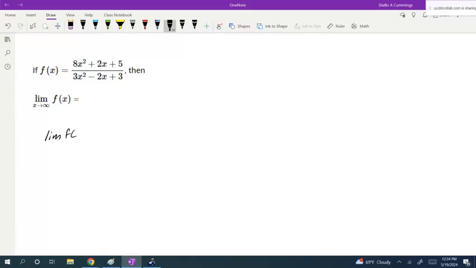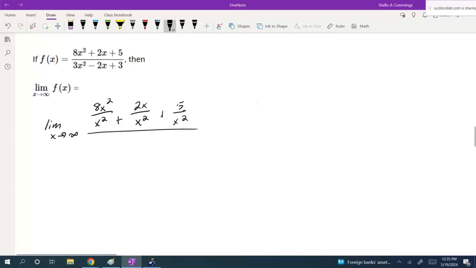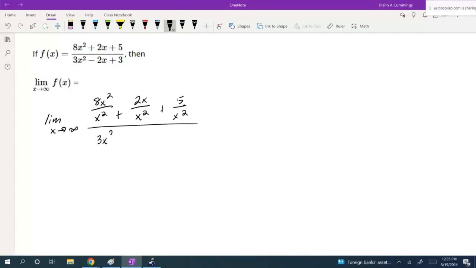the limit as x goes to infinity for 8x squared over x squared plus 2x over x squared plus 5 over x squared, divided by 3x squared over x squared minus 2x over x squared plus 3 over x squared.